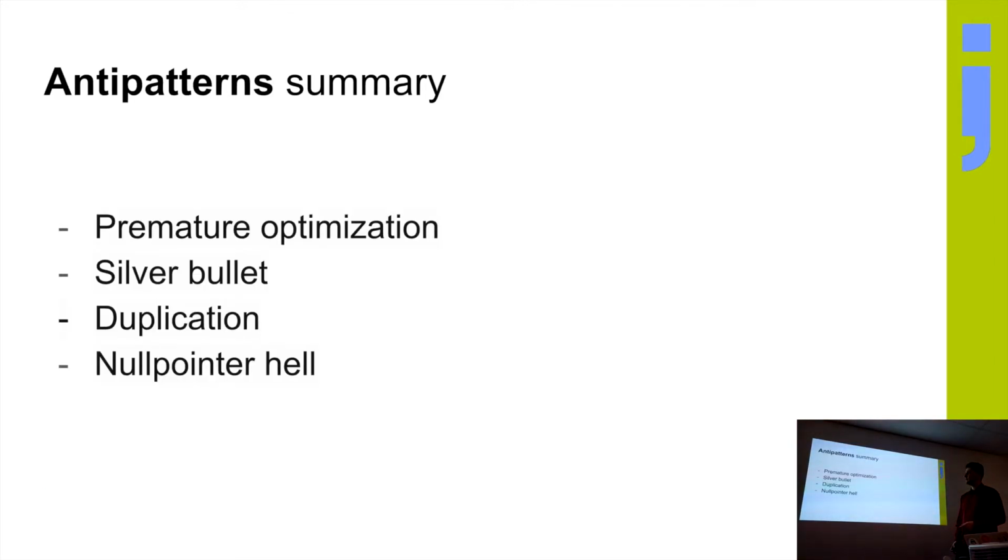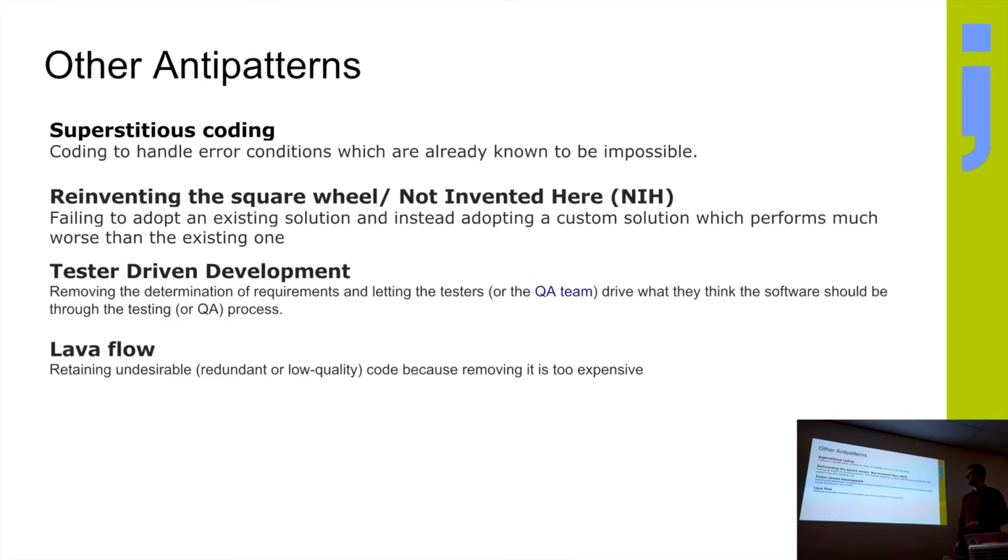Summarizing anti-patterns, we wouldn't want premature optimization in our project, silver bullets, duplication, and null pointer hell. And a couple of other anti-patterns are, for example, superstitious coding, where you code in every possible error until they are almost impossible, but they are there and they take up space.